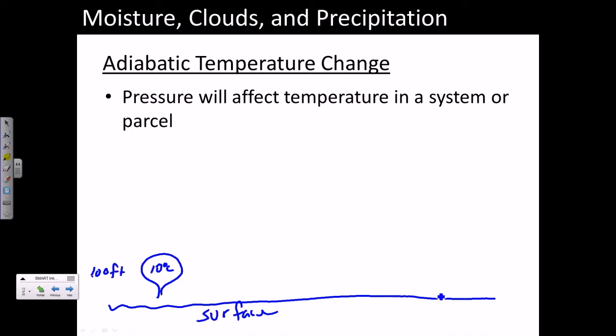So we know that the pressure here is high. Why do we know that? Well, because we know that the pressure in the atmosphere decreases as you move away from the Earth's surface.